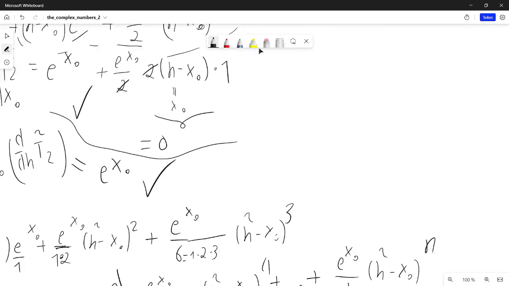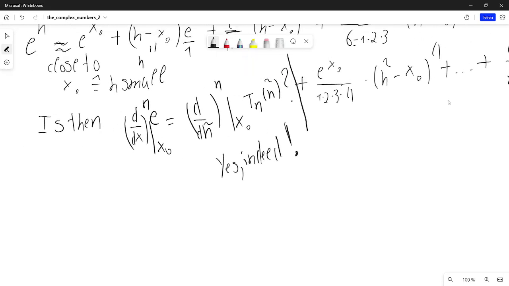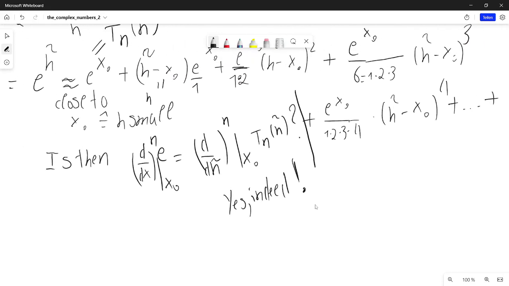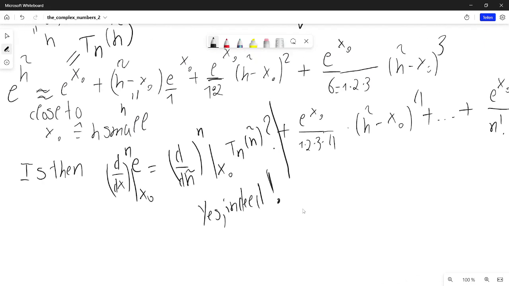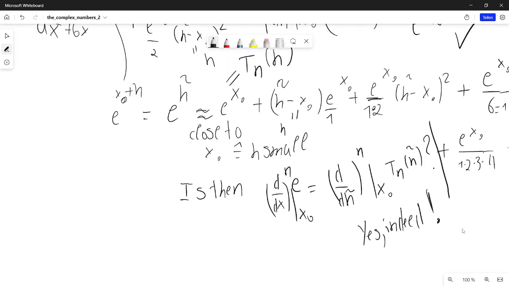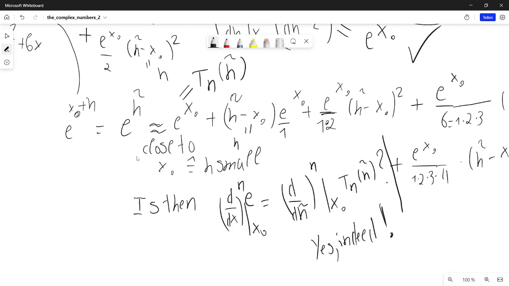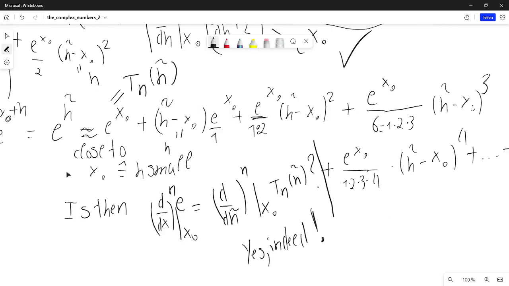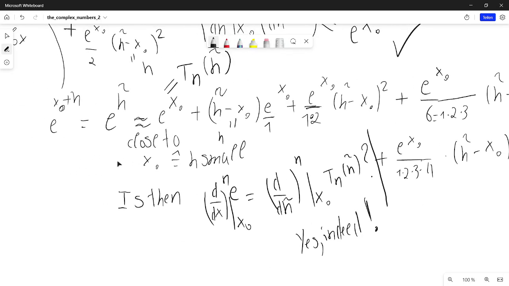Right. That is great. Now consider a particular point, because actually we have now found a way to compute this, right?